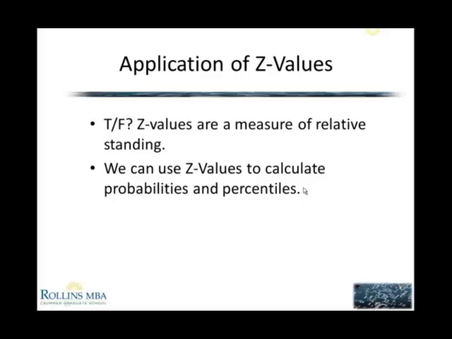If the percentile value is the value that has a certain cumulative probability falling to the left of it. So the percentile value would effectively be the z-value that corresponded to a certain probability falling to the left of it. And we'll see an example of this shortly as well.